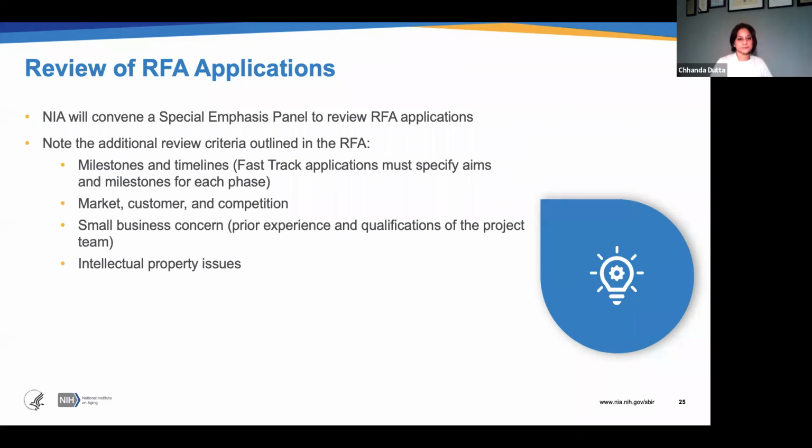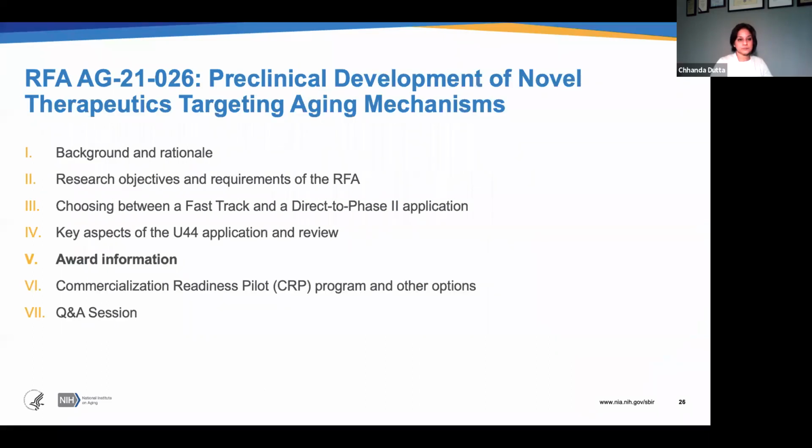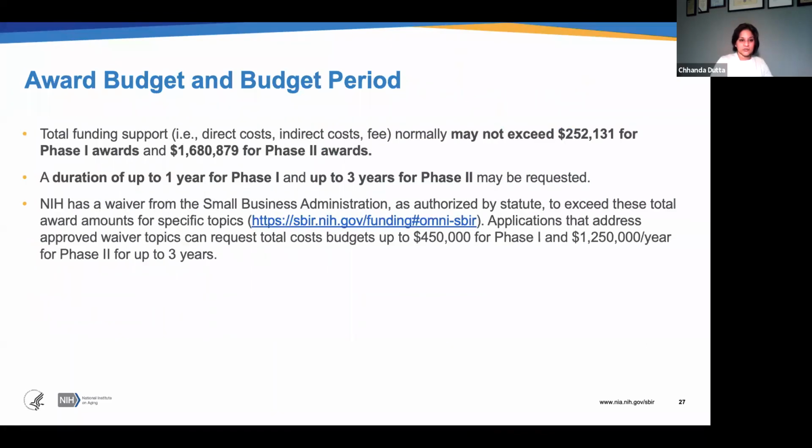Next slide, please. Section 5, Award Information. A few words about the award information for this RFA. Next slide. Award budget and budget period. For total funding support, we've got some numbers in the RFA for phase 1 and phase 2, but it's very likely that the project you have in mind is already approved under the waiver.